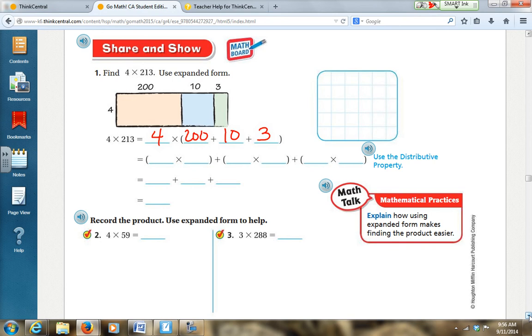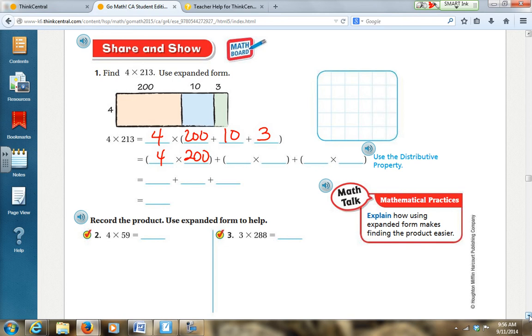So now I'm going to multiply it all out. Natalia, what's my first one? Okay, my first one is 4 times 200. Good. Carolina, what's my second one? 10 times 3?